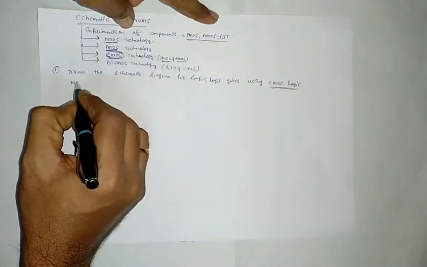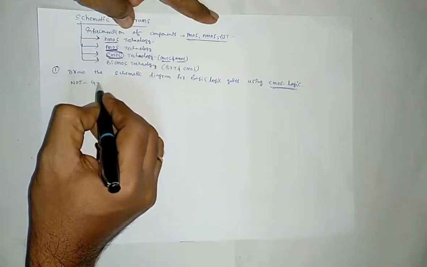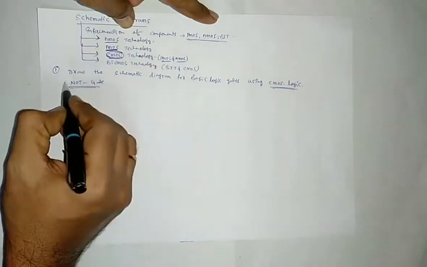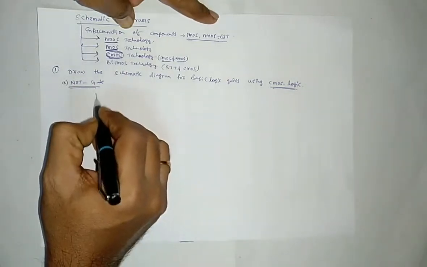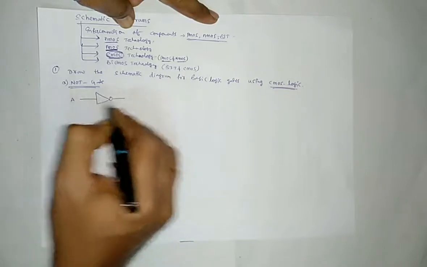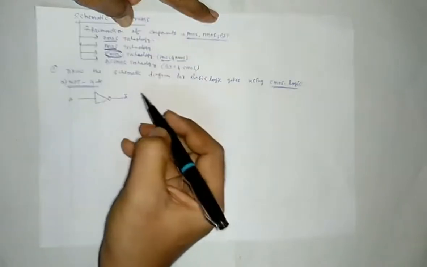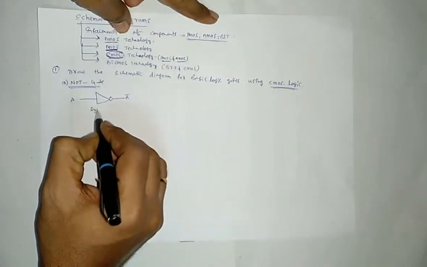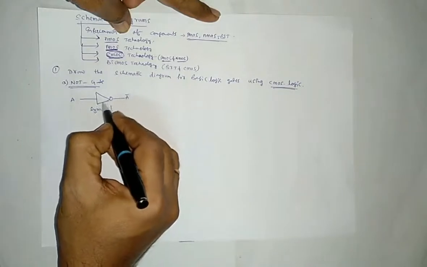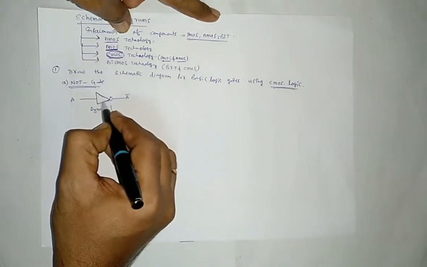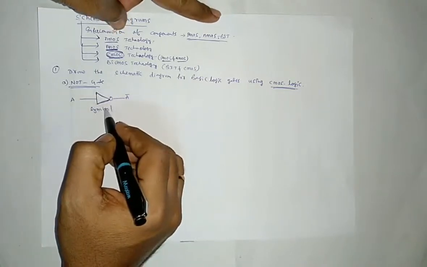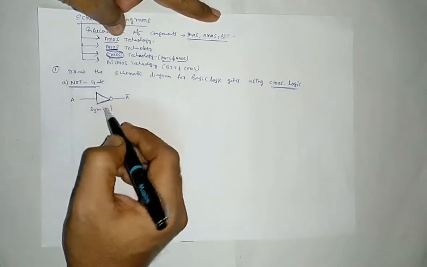NOT gate. Draw the NOT gate. The NOT gate symbol is this one. This is the symbol with only input A, and the output is the complement of A. Until now, you know the symbol of the NOT gate, but you don't know the internal circuit in this NOT gate.